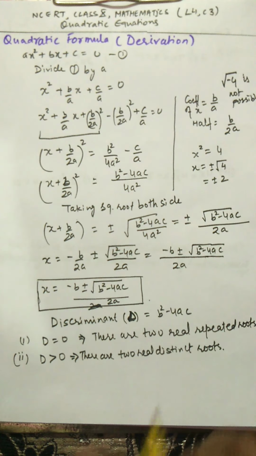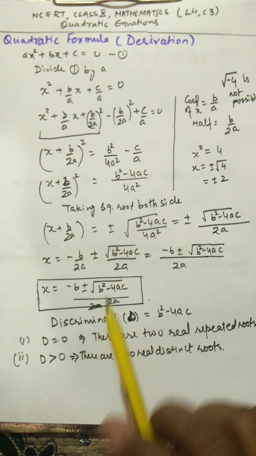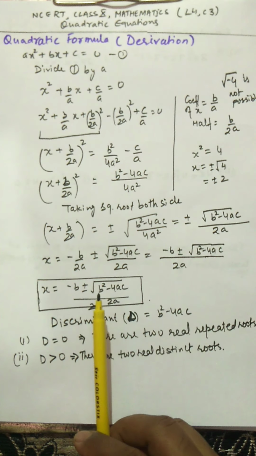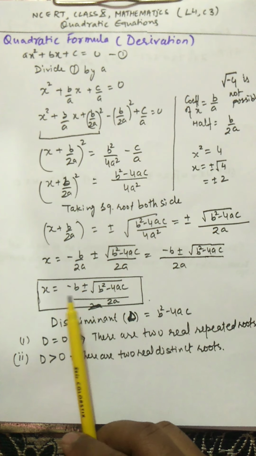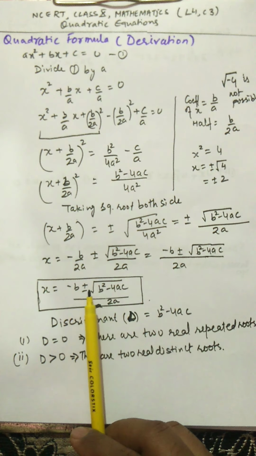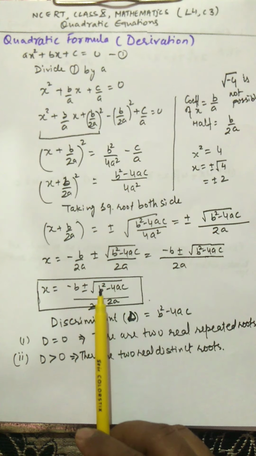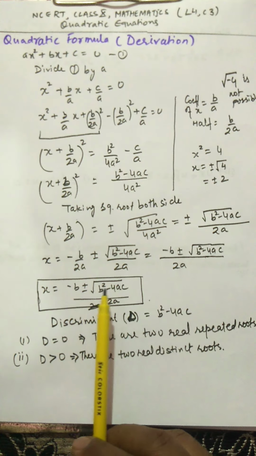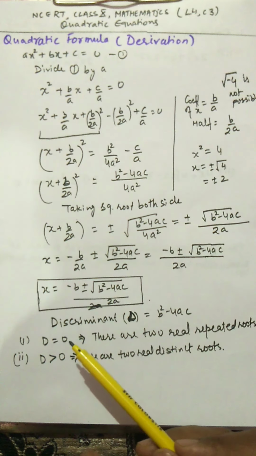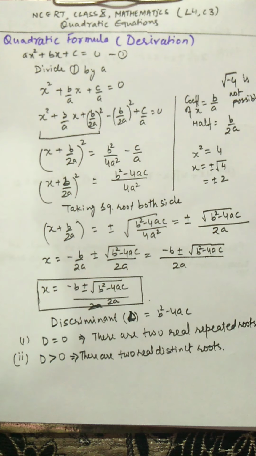And how the roots are distinct, we can discuss here. If you put D greater than 0, then there are two values of x possible. Minus b, first you take plus, under root D upon 2a. The second value will be minus b minus root D upon 2a. So you will get two different real distinct roots.